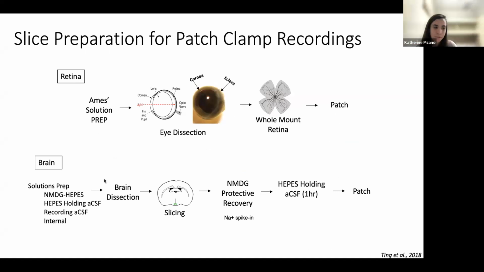There has been a lot of previous work in the lab with some of the recordings that we do. Instead of using a whole mount, we would mount the retina in an agarose solution, and then we can use the compresstome to slice it in different orientations. That can also help us decide if we want to record from ganglion cells versus maybe photoreceptors or bipolar cells. The orientation of the retina matters in that case.